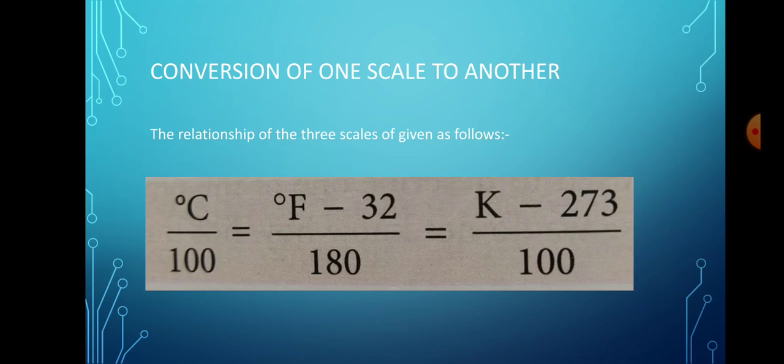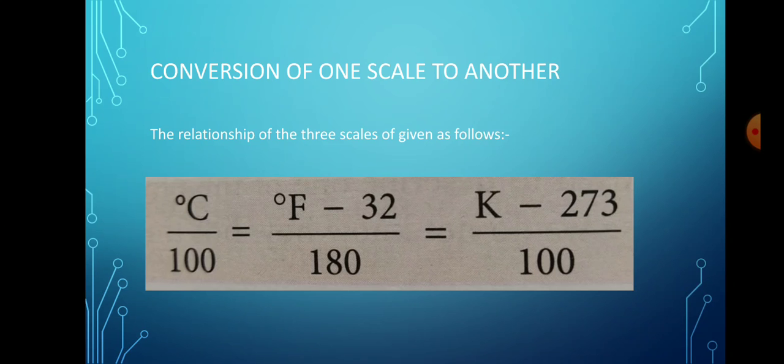Now, if we want to convert degree Celsius into Fahrenheit or Fahrenheit into degree Celsius, we can take up the formula as degree Celsius upon 100 is equals to Fahrenheit minus 32 upon 180. Or when we want to convert Fahrenheit into Kelvin or Kelvin into Fahrenheit, we can take degree Fahrenheit minus 32 upon 180 is equals to Kelvin minus 273 upon 100.